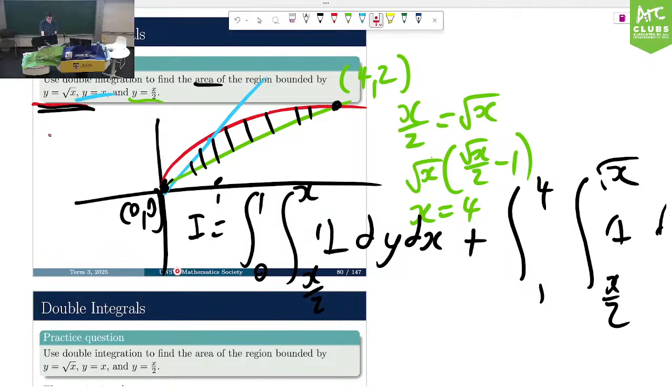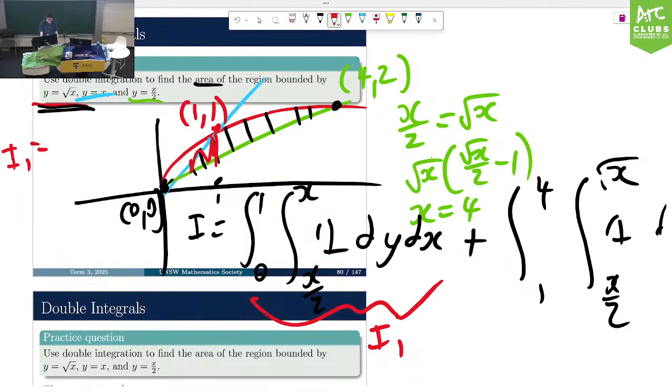You could rearrange this, like here would mean x equals 2y, so you have a bound for your x in terms of y. So for this same area, call this I1. This I1 would be an integral over 0 to 1 in terms of y as well, since this point is (1, 1).